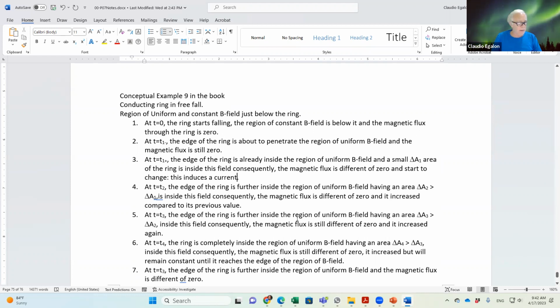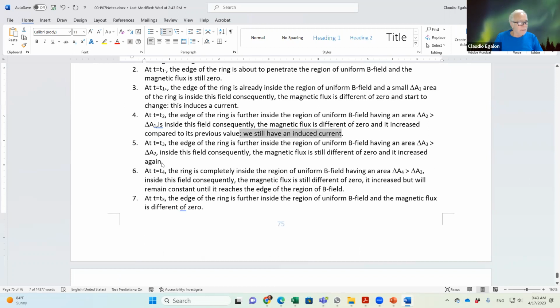The flux is different and increasing compared to its previous value, so we still have an induced current. We still have an induced current.